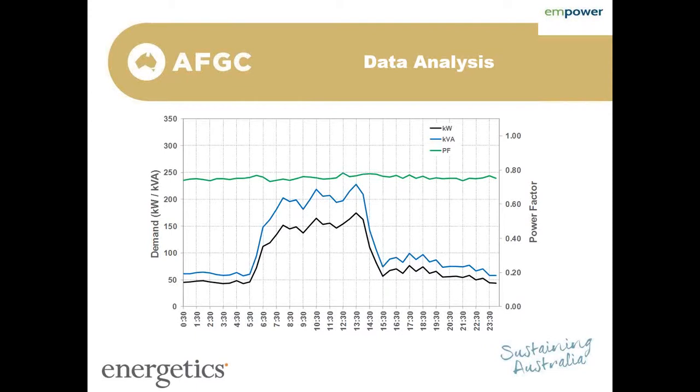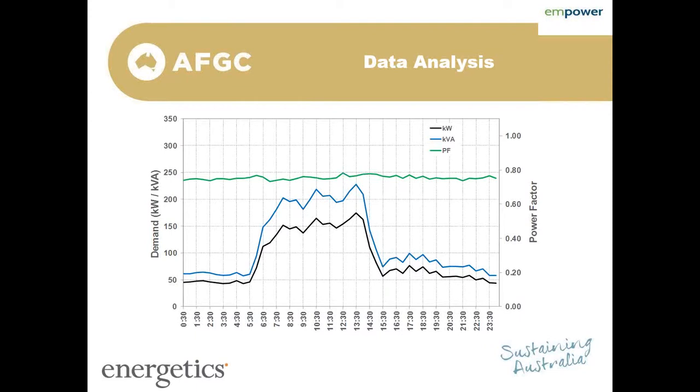The green line is the power factor, and on the right-hand side they've got a power factor of just under 0.8, which is pretty common for a lot of sites. And the blue line is the kVA. That's what we're going to get charged on, that maximum value of around 130 where it peaks.